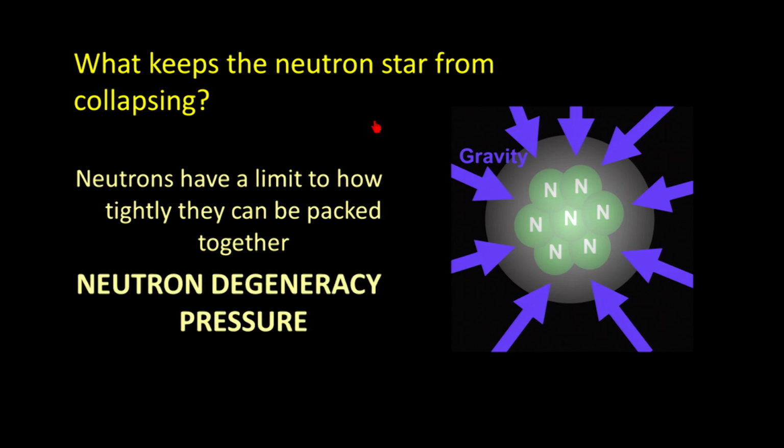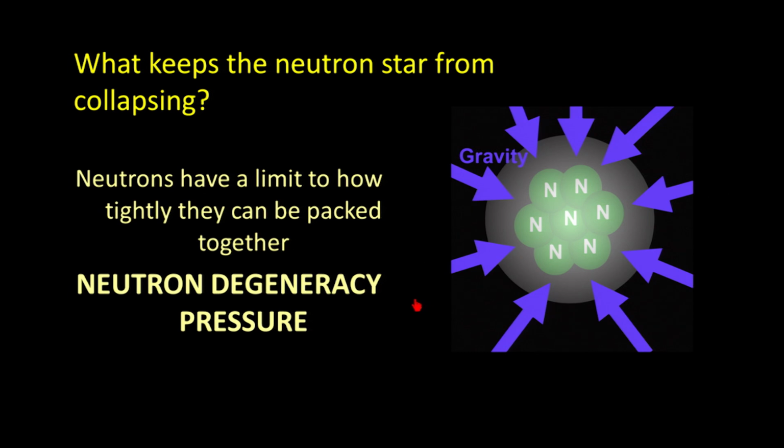Now, if you remember from a previous video, it was the physicist Subrahmanyan Chandrasekhar who discovered what was called electron degeneracy pressure. Well, it was also Chandrasekhar who figured out that neutrons can do the exact same thing, that there's a limit to how tightly neutrons can be packed together when gravity is squeezing this material.